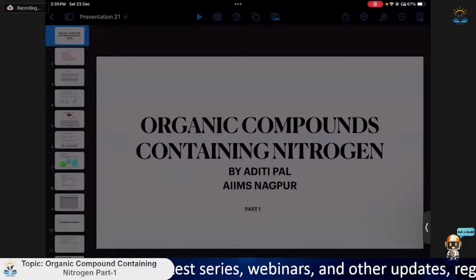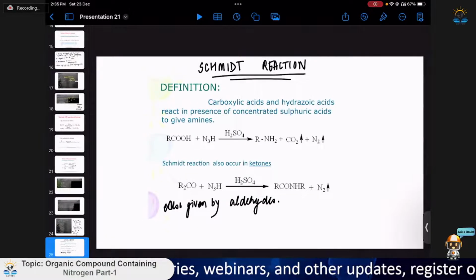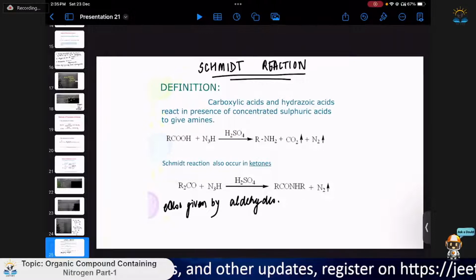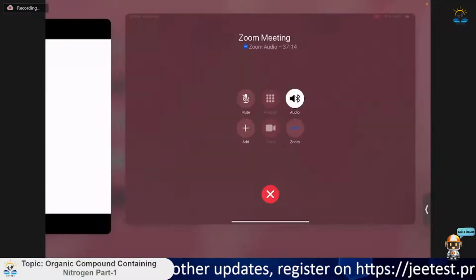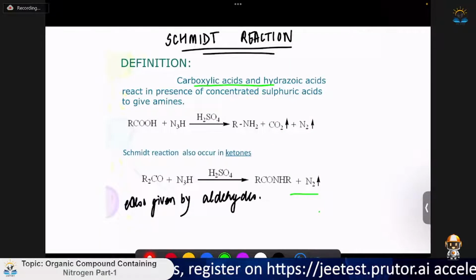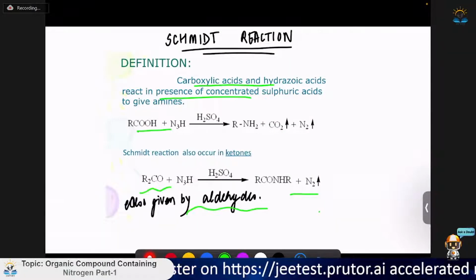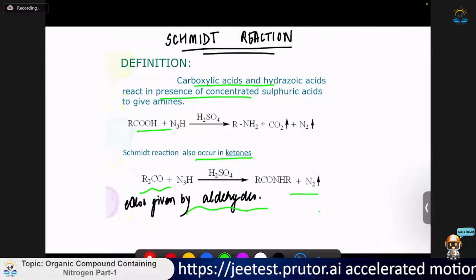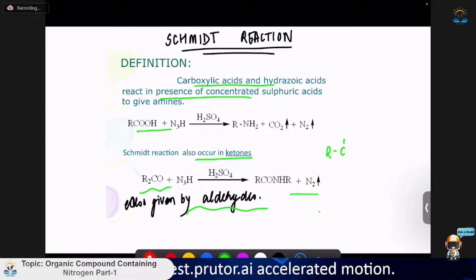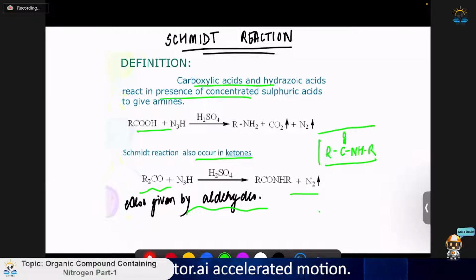So this reaction occurs in carboxylic acids as well as aldehydes and ketones. So this is the Schmidt reaction. We saw what is formed here, RC double bond O, NH and R. So this is formed in case of ketones, whereas primary amines are formed in case of carboxylic acids.